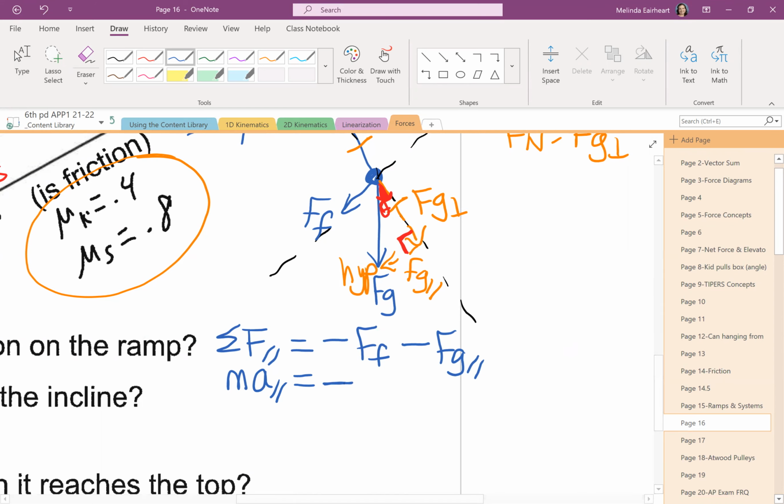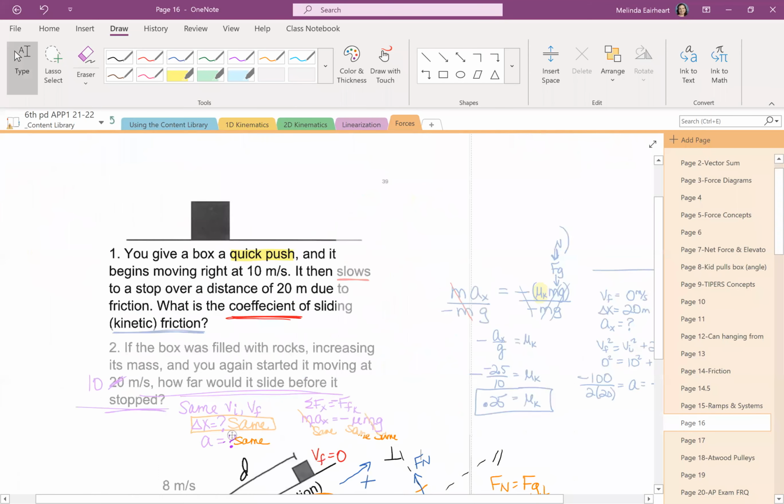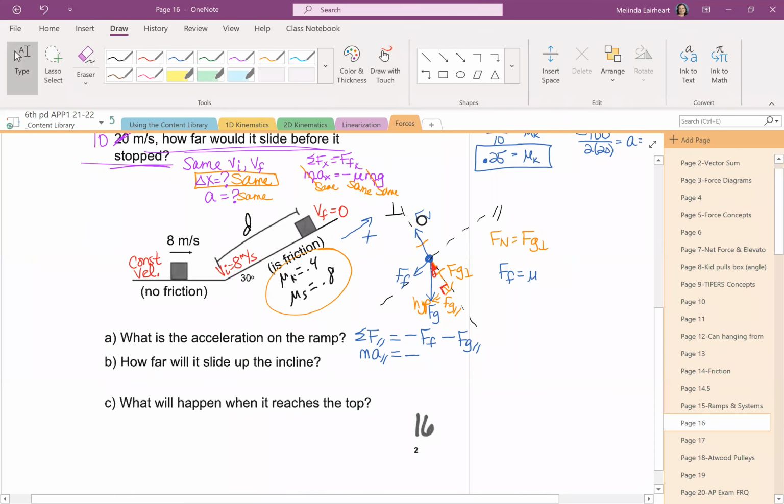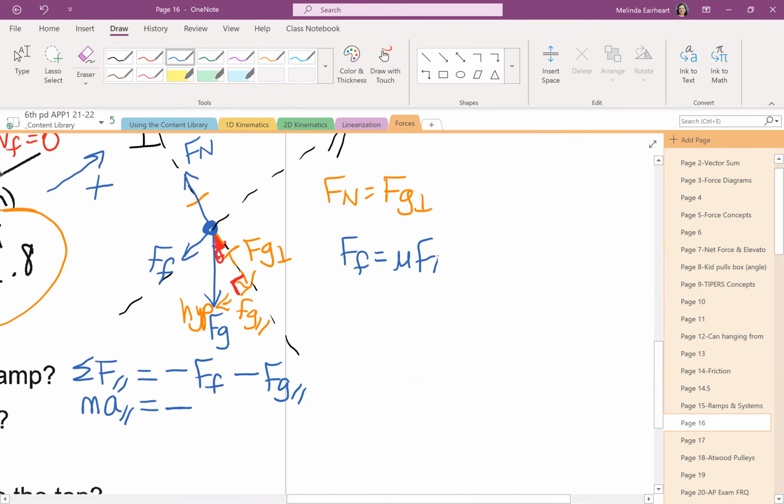Because they did not give me so many newtons of friction. They only gave us the coefficients of friction. And so what's our new equation for frictional force using coefficient? Mu times, it's on the formula chart, Fn, right. And so mu Fn.